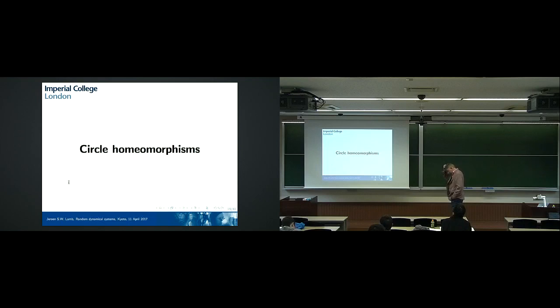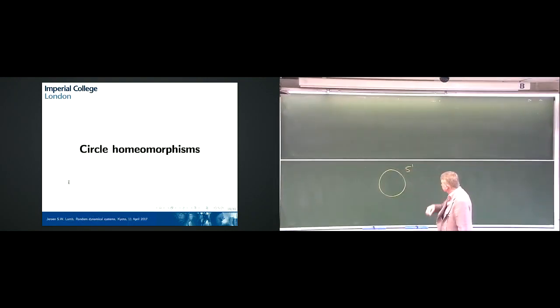So circle homeomorphisms are very well-known examples of dynamical systems. Here we have a circle, and a circle homeomorphism is just a map of the circle to itself, which is invertible and continuous.